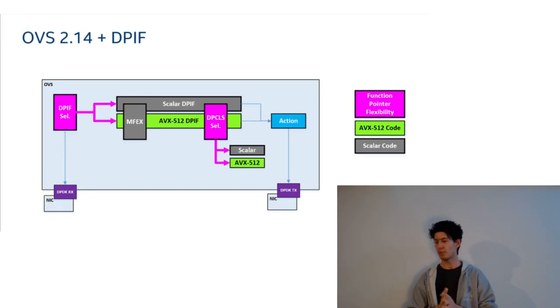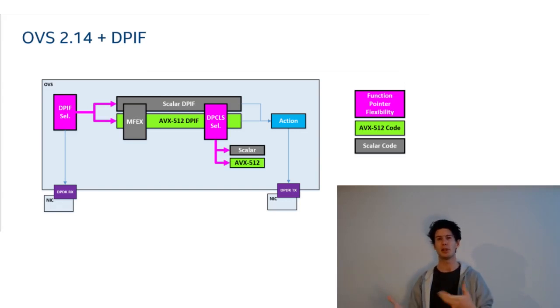If we move to the DPIF level function selector, what we can see is the diagram now is updated. It has also got a DPIF selection at the start of the RX path. So once we receive a burst of packets from the DPDK or from the NetDev, it allows us to choose two DPIF paths. And again, one of those is now accelerated using SIMD ISA, in this case AVX512.